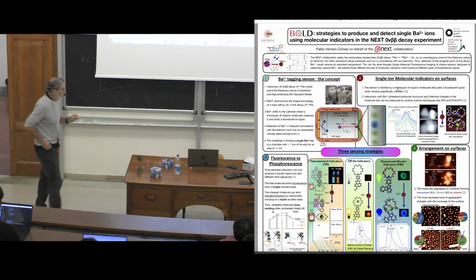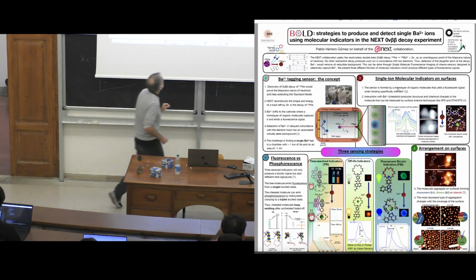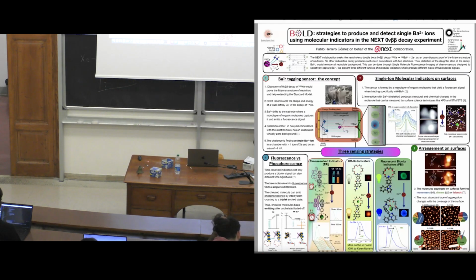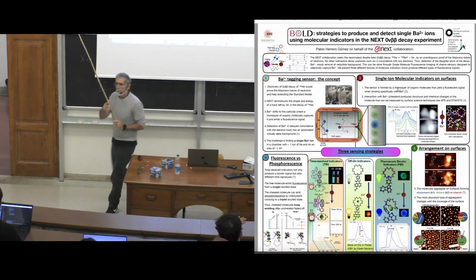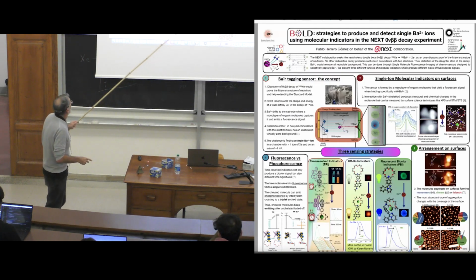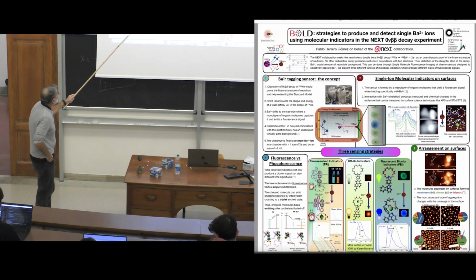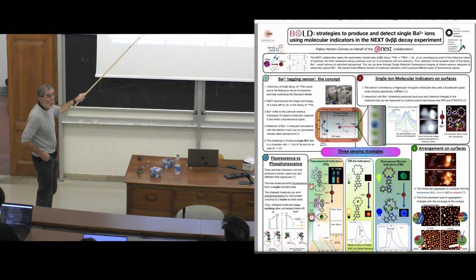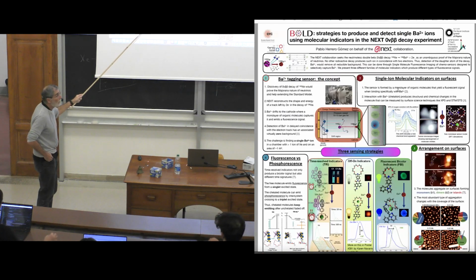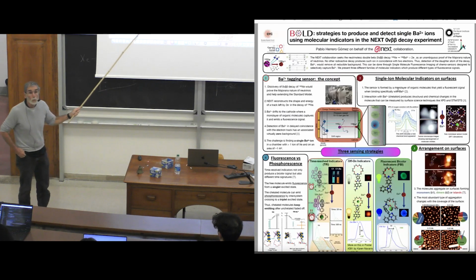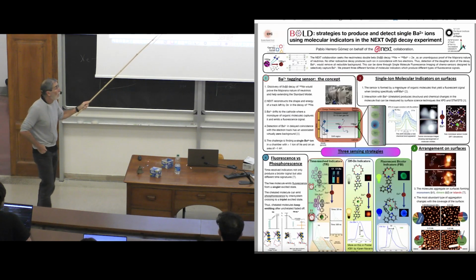This is a bit of a review of the ideas we discussed. The electrons would go here. The barium would go here. We would have time enough to open the gate and to time the gate.